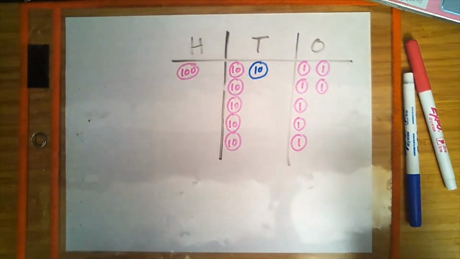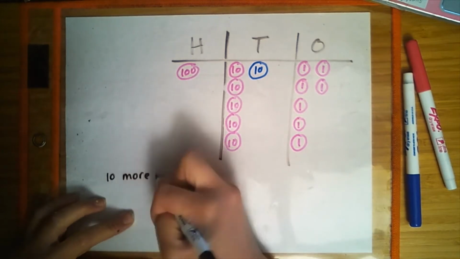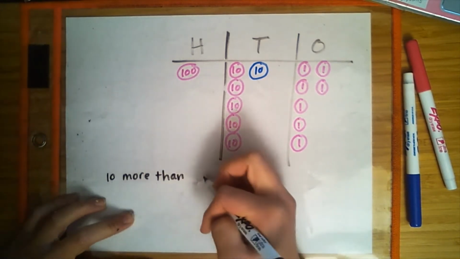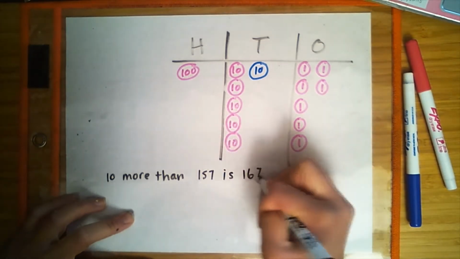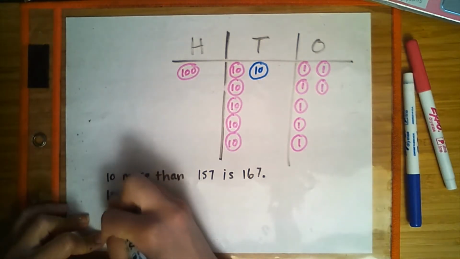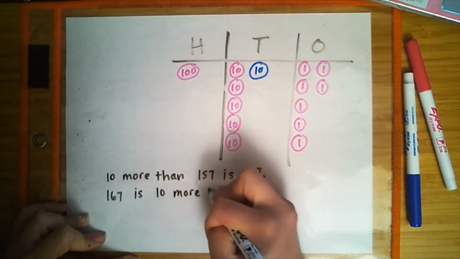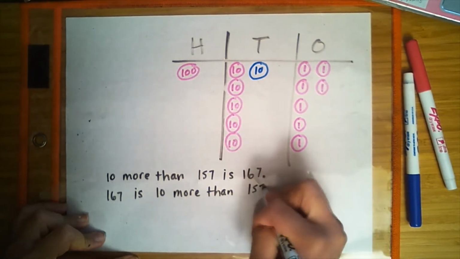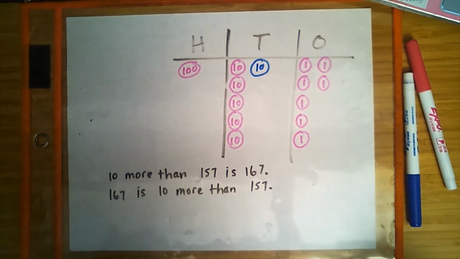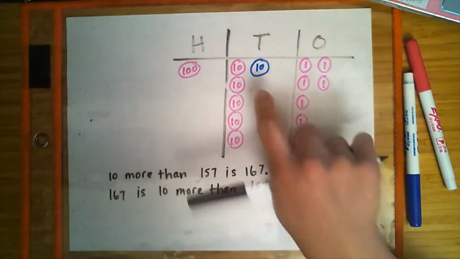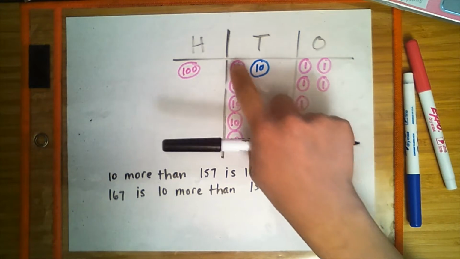And go ahead and write it with me. 10 more than 157 is 167. 167 is 10 more than 157. What did we do to change 157? We added 10 to the tens place, or we added 1 ten to 5 tens.